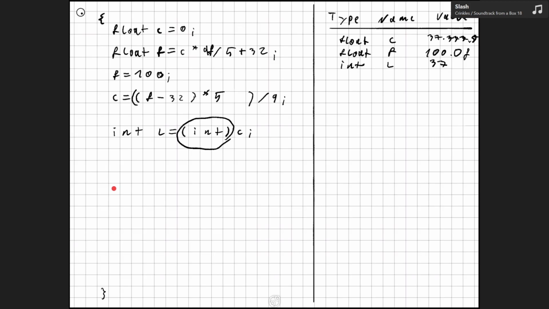Something interesting happens if I just have integer values, int a equals 10, like that, and then go int b equals a times 2 divided by 3. Something simple like this.